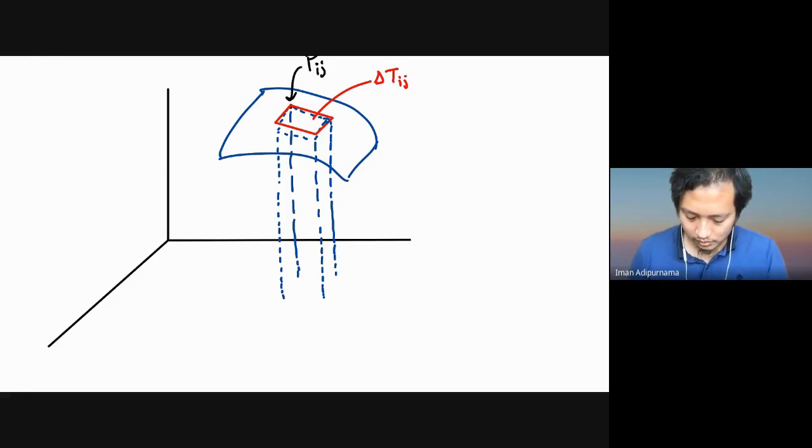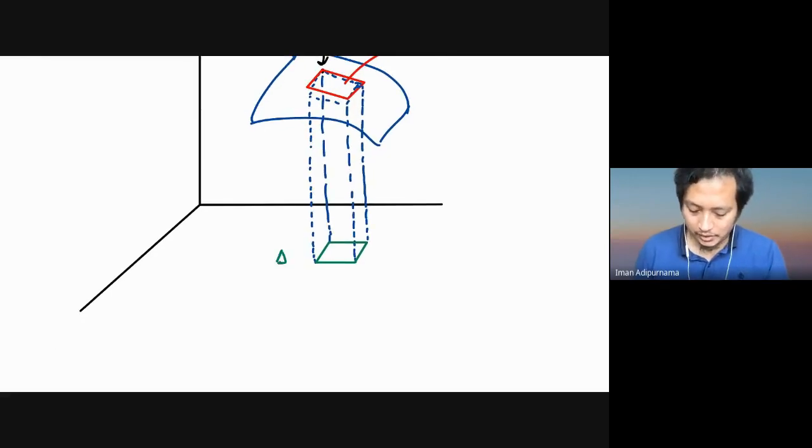Maybe using a different color. Let's say that's our map, mapping from the surface into the XY plane. And let's say this is the delta x, and this will be the delta y.